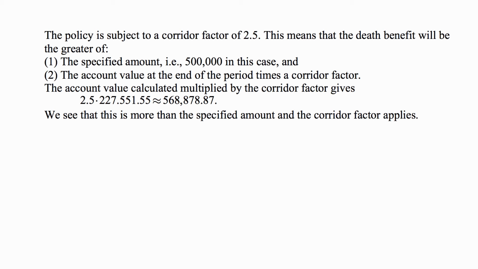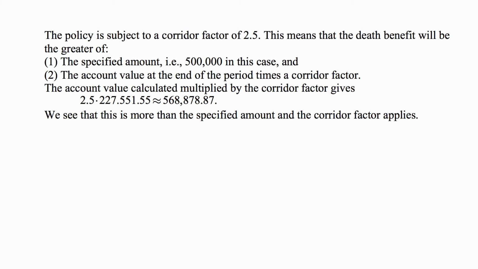But the policy is subject to a corridor factor of 2.5. This means that the death benefit will be the greater of the specified amount of 500,000 and the account value at the end of the period times the corridor factor. The account value calculated multiplied by the corridor factor gives 568,878.87.